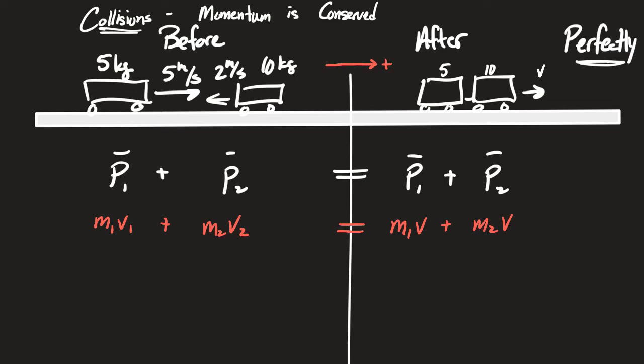And now I'm going to start putting the numbers in. M1 was 5 times V, which is 5, plus M2 is 10, and V is negative 2 because it was going the other way. Can't forget that negative. That'll screw everything up. And you understand that's what I'm going to try and do, right? I'm definitely making stuff bounce off. I'm definitely making stuff change direction.